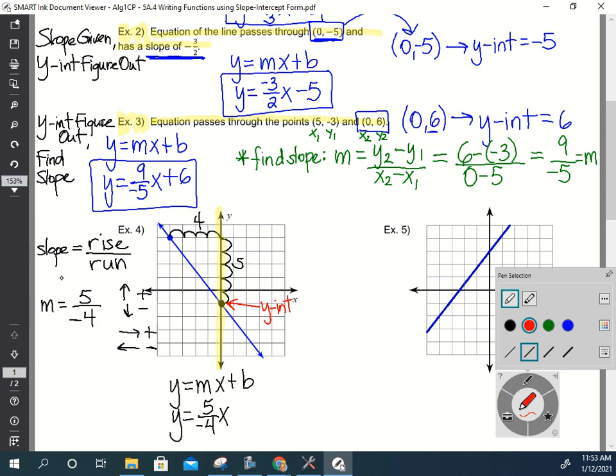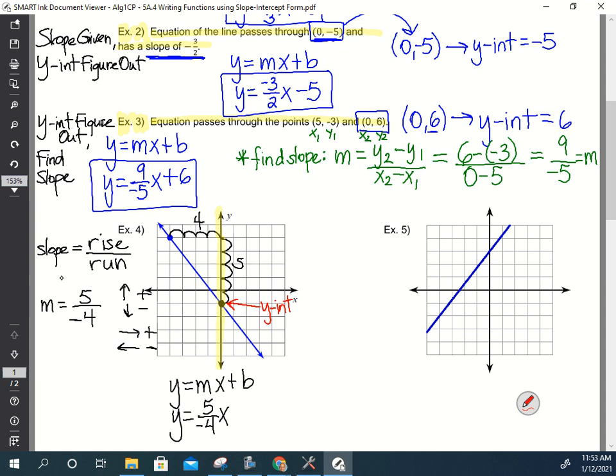What number is that? With a graph, you get the y-intercept. So that's 5 over negative 4x minus 1. That's it. Problem's over. You wrote the equation.